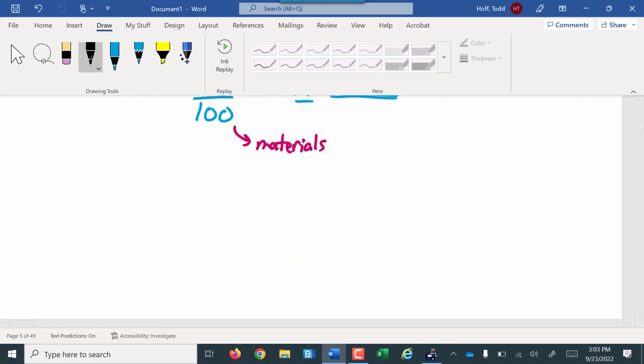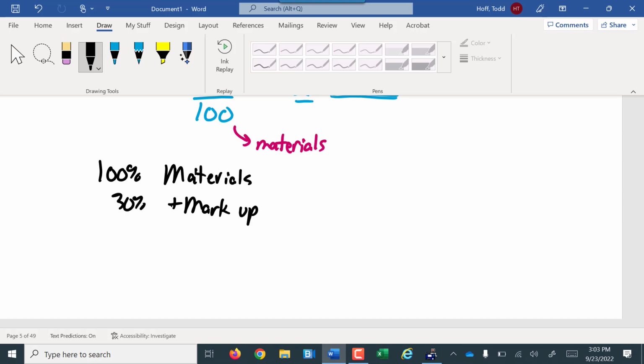So this is where we have to use that idea that the materials is the 100%. And we have the markup, it's 30%. So the bid is going to be 100 plus 30 or 130%.